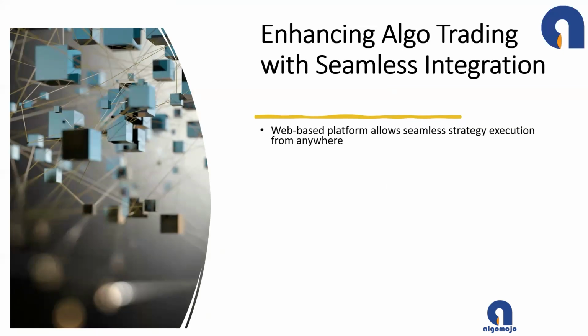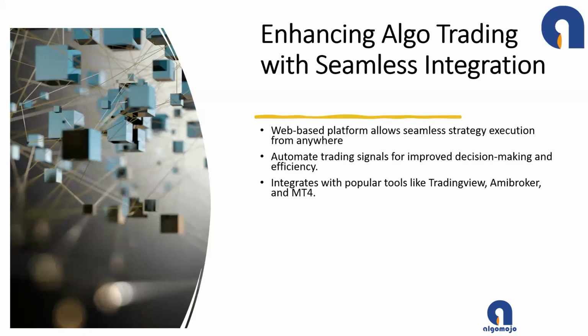Using any browser, you can log in and then use all our facilities. We have integrated with some of the popular tools like TradingView, Amibroker, and MT4 charting environments. If you are using any of these, you can definitely automate the signals that you would be generating from your charts.